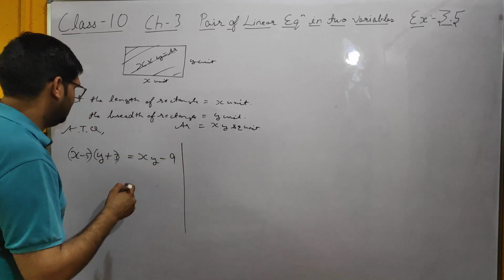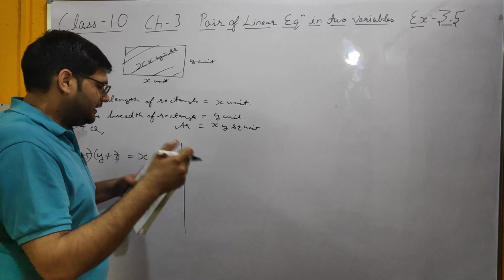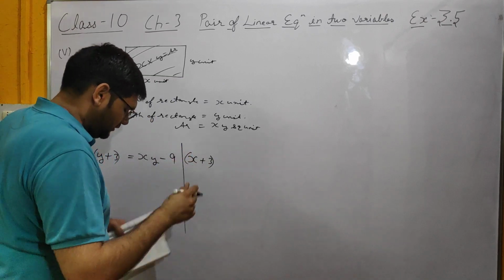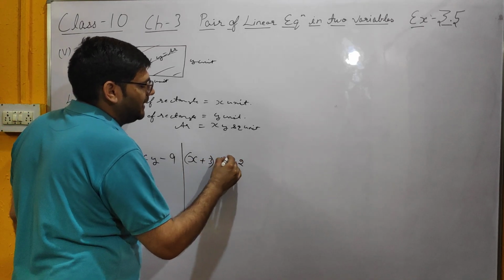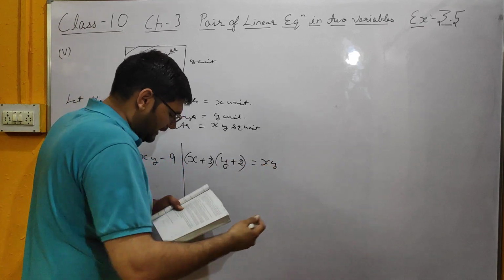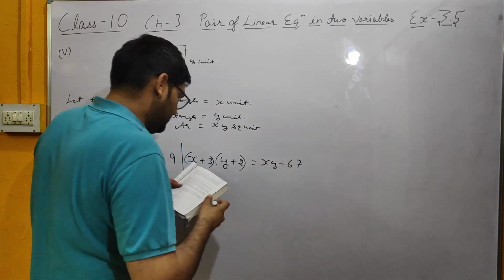Next, we increase the length by 3 units, x plus 3, and the breadth y by 2 units. If we multiply, we get the area, which is also increased, so plus 67.